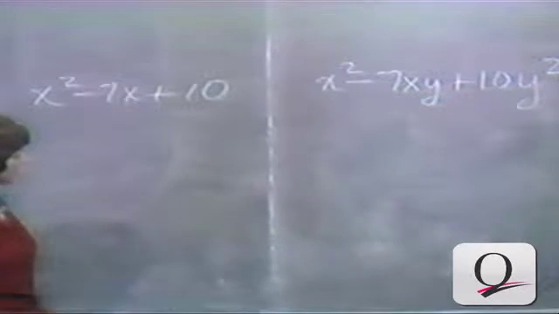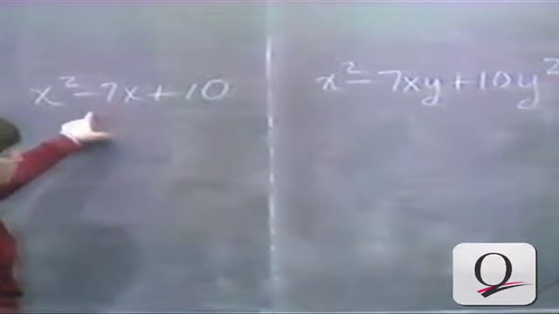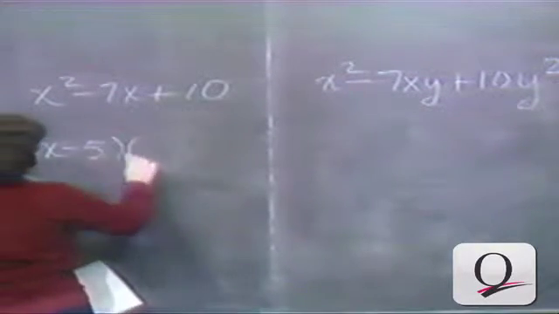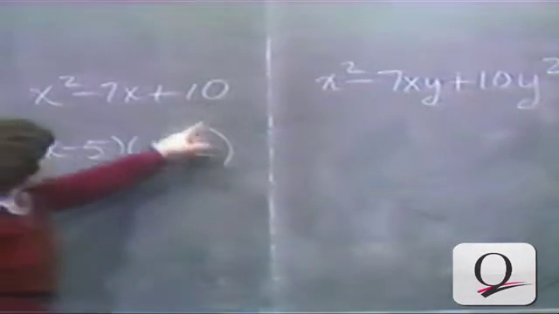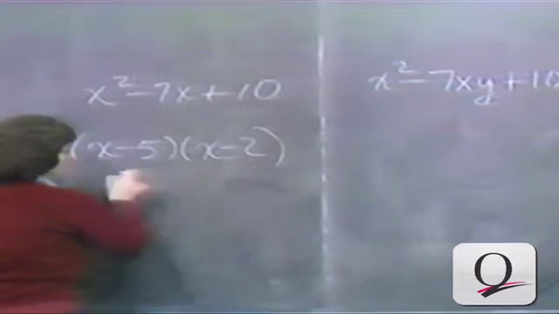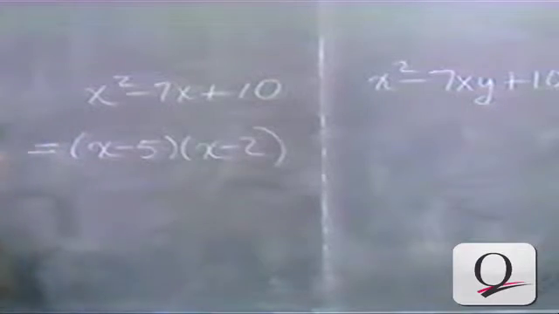Now, to multiply to plus 10, either two positives or two negatives. But to add to minus 7 means it had to be two negatives. And the answer turns out to be x minus 5 times x minus 2. Minus 5 and minus 2, they multiply to the plus 10 and add to the minus 7 that you need. x squared minus 2x minus 5x for the minus 7x plus 10.